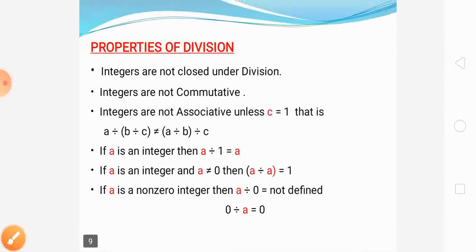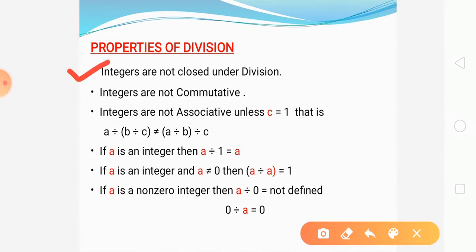Now last is the properties of division. Integers are not closed under division. If we divide two numbers, then it is not necessary that we get an integer answer. Second, division is not commutative. Commutative means order.